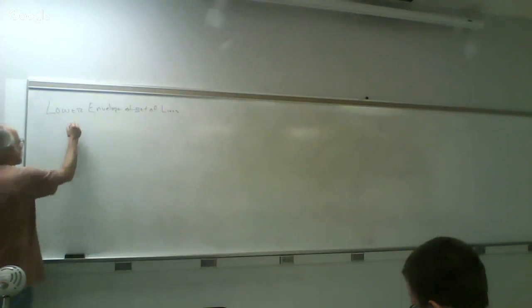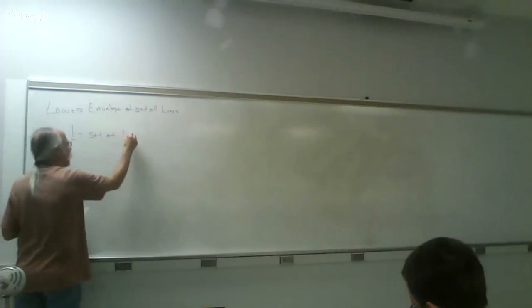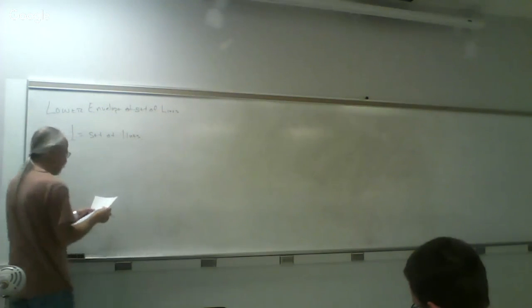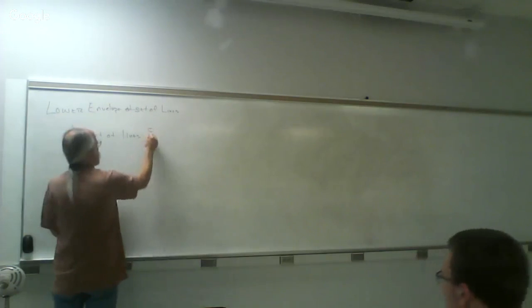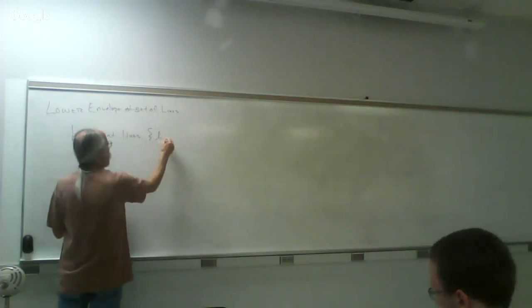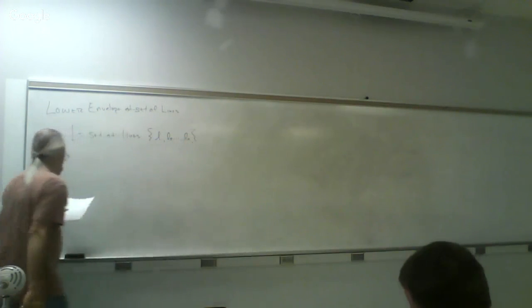So basically, let L be a set of lines. I think I want to name them here, don't I? Yeah, briefly. The set of lines, so let me call them L1, L2, up to Ln.